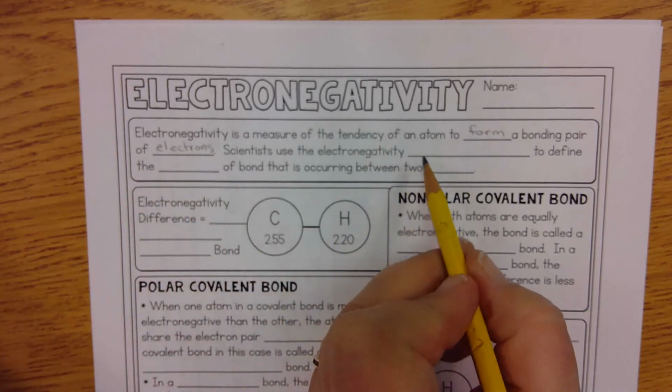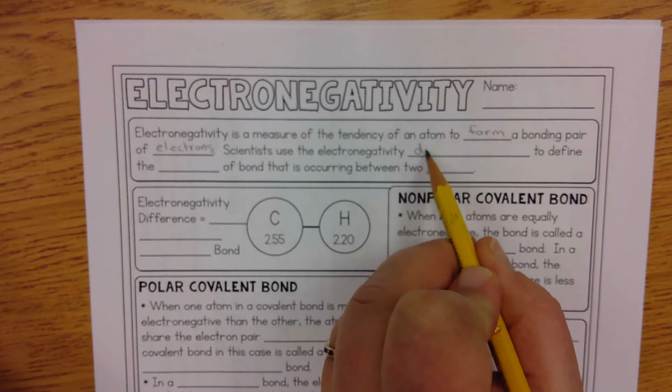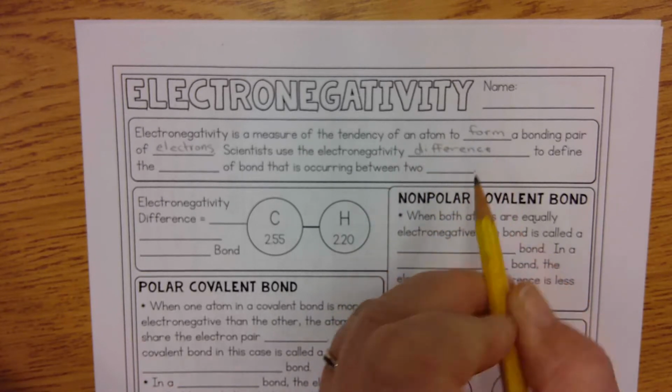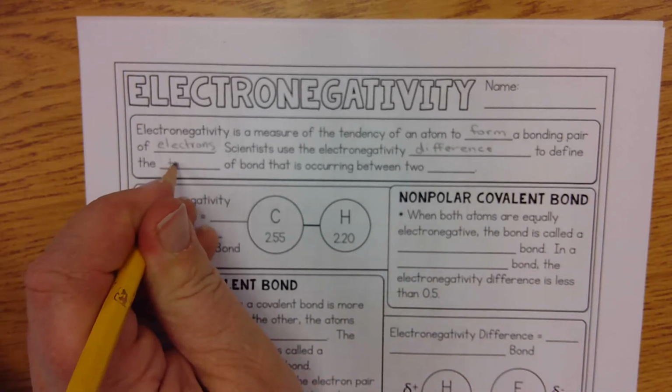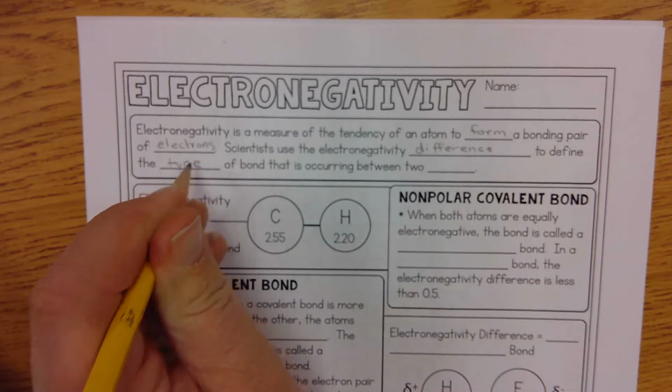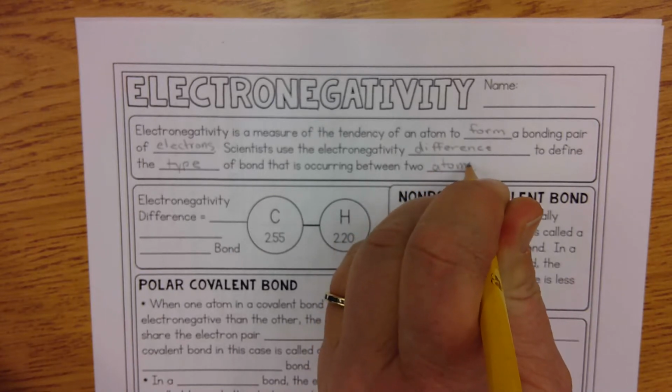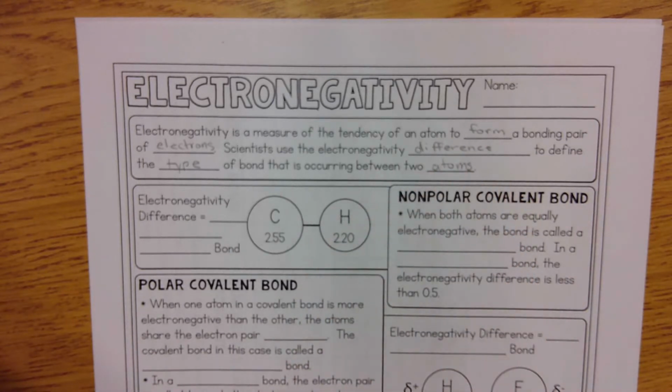Scientists use that electronegativity difference between two atoms to define the type of bond that occurs between two atoms. So electronegativity basically is how likely that element is to bond with other elements.